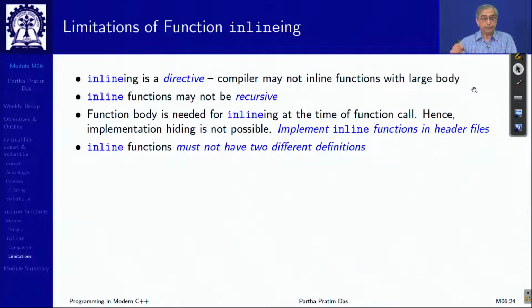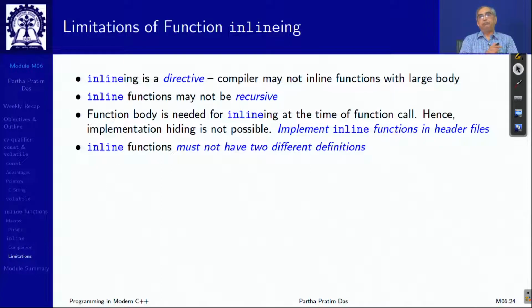Now, of course, you should keep in mind that inline is a directive. So, just because you write inline, it may or may not be inlined, because the compiler makes a judgment as to whether it is more efficient to inline or more efficient to not inline, outline the function, so to say.